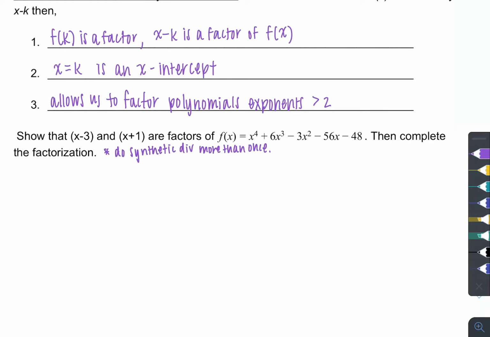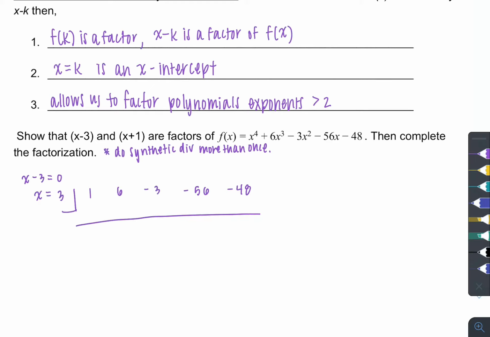Let's go ahead and do x minus 3. So we're going to do x minus 3 is equal to 0 and solve. So I have 3, and then I'm going to put 1, 6, negative 3, negative 56, and negative 48.